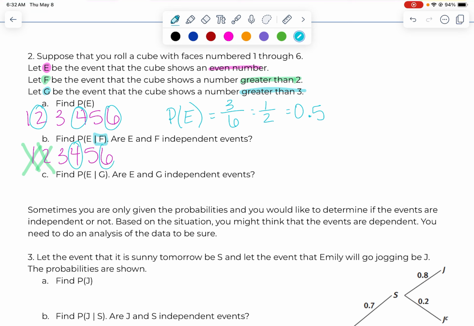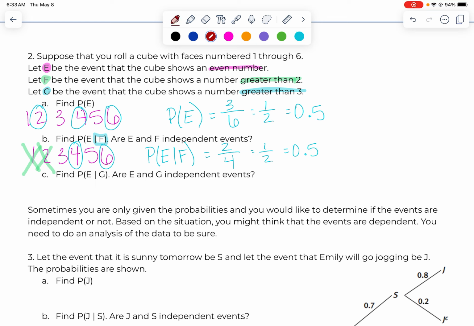We have 4 and we have 6. So the probability of E given F, there are 2 options, but we don't have 6 total options anymore. Remember, the given part F is what is our denominator. So now we are only left with 4 options. So that's still equal to 1/2, which is 0.5.